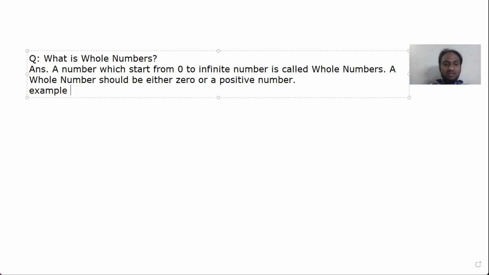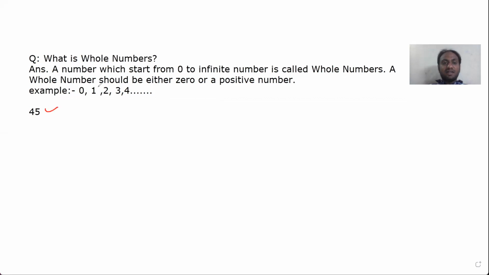Suppose 0, 1, 2, 3, 4, and so on. All these numbers are called whole numbers because they start from 0. So if I ask whether 45 is a whole number, you can easily say, yes sir, 45 is a whole number because it is a positive number and it starts from 0.